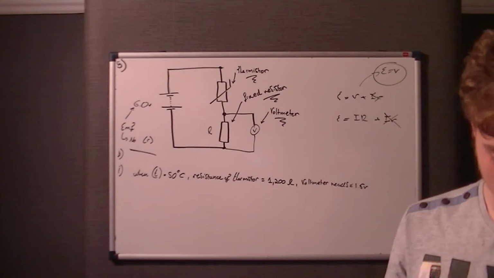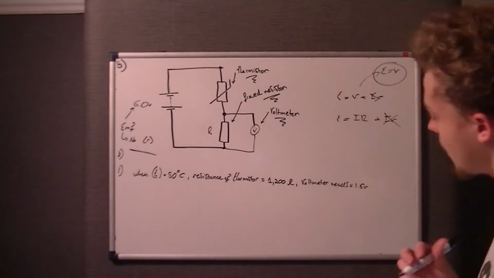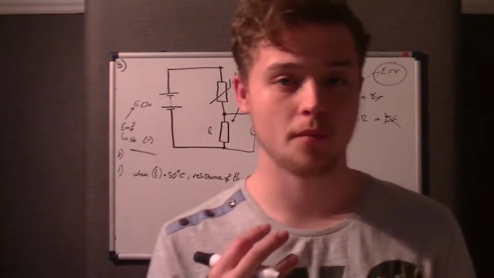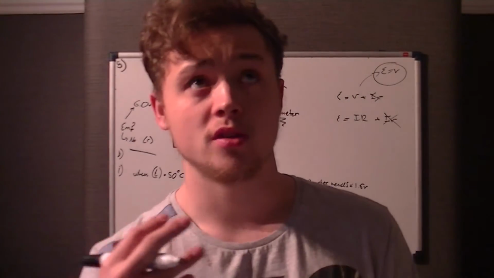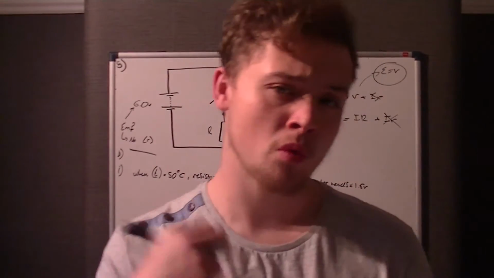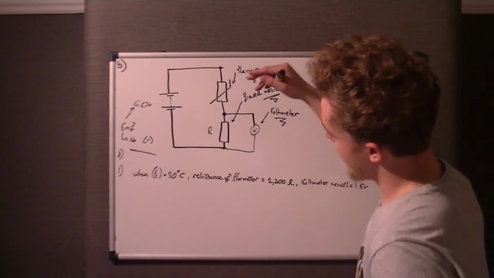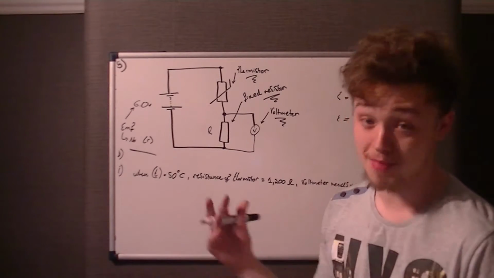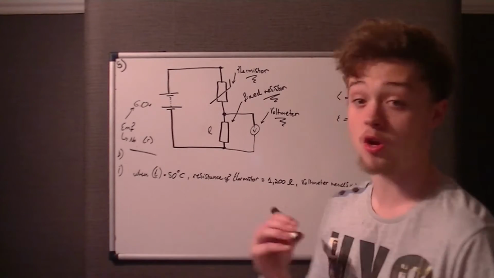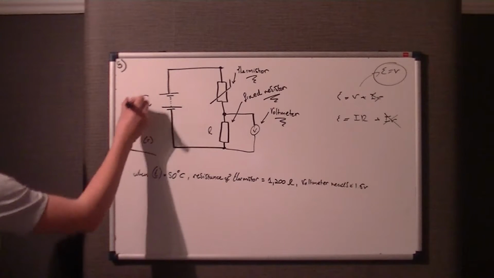So 5B part 1 says, calculate the potential difference across the thermistor. It's all about knowing what happens to potential difference. It's shared, so the potential difference across R plus the potential difference across the thermistor is equal to the potential difference across the terminals, in other words, the potential difference of the battery.